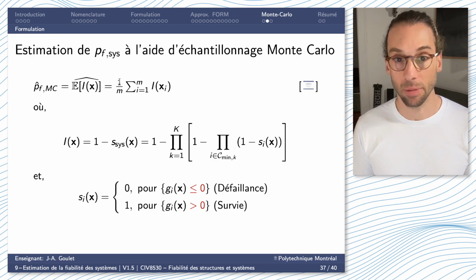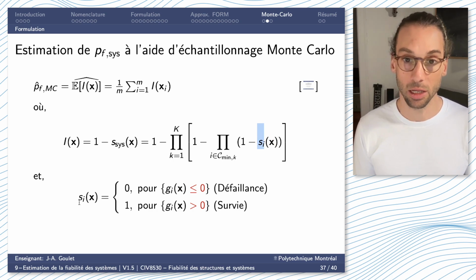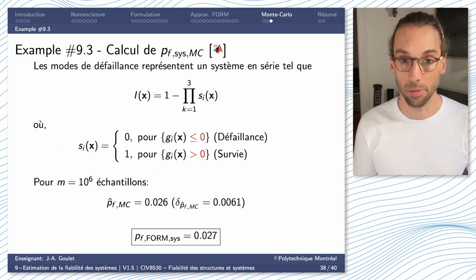So I'm going to take 1 over m, my number of samples, of my indicator function, 1 being failure, 0 being survival. So my indicator function could be 1 minus my system state. I'm going to get, using the formulation I said before, this. Basically where s_i, my state variable for my component, is 0 for failure, 1 for survival. Keep in mind, for my indicator function, the sign is flipped.